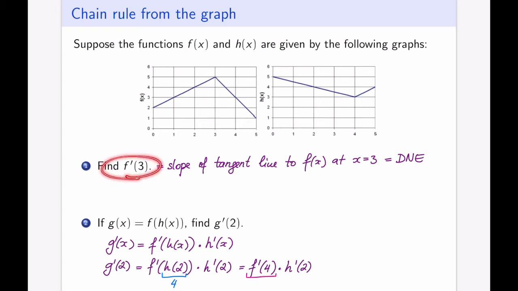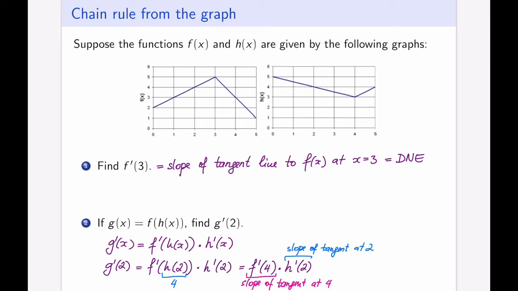Using the same logic as we did in part 1 of this question, we're going to recall that the derivative of the function is the slope of the tangent line at the point of interest. So this is going to be the slope of the tangent line at 4, and h prime of 2 is going to be the slope of the tangent to the function h at 2.